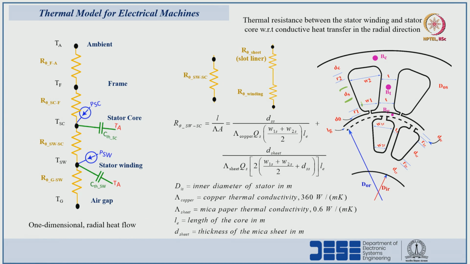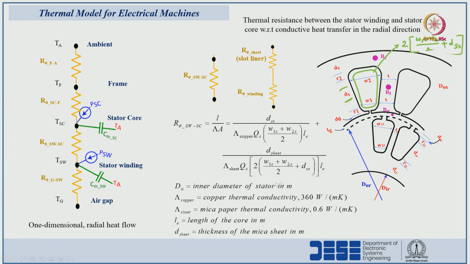This is the slot liner placed in the slot, this green color one. So, on the x axis, in order to calculate the perimeter, 2 into the average of the slot widths plus the height of the slot, that is DSS.